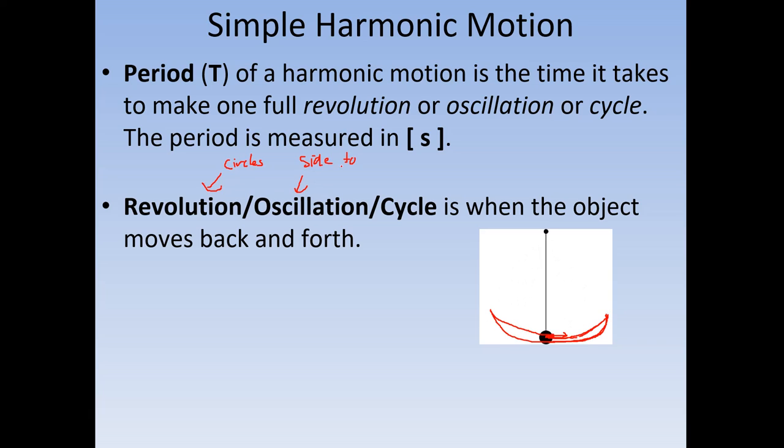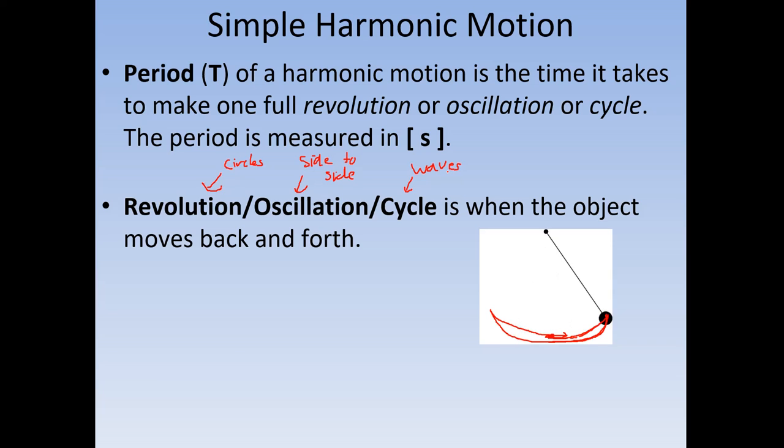And a cycle can sometimes be used, I mean, cycle kind of flips with all these, but sometimes with waves and sounds. Again, doesn't really matter. No one's going to hurt you or take off points if the question says that something did 15 oscillations and you said 15 cycles.